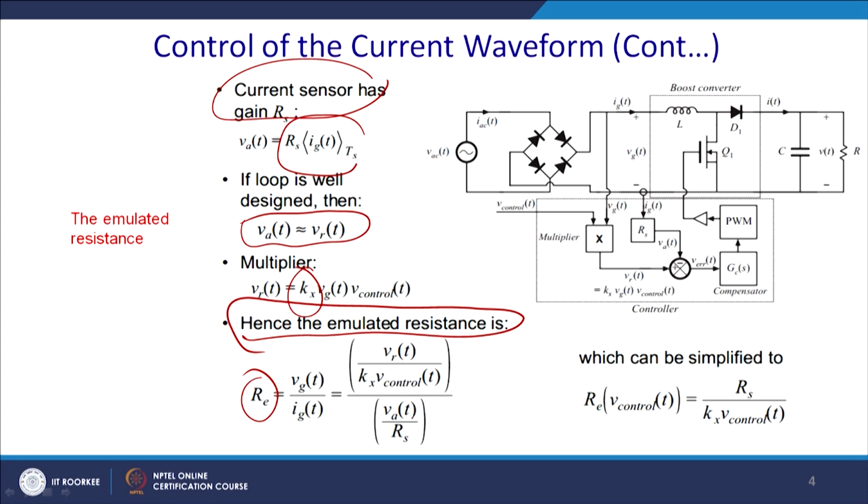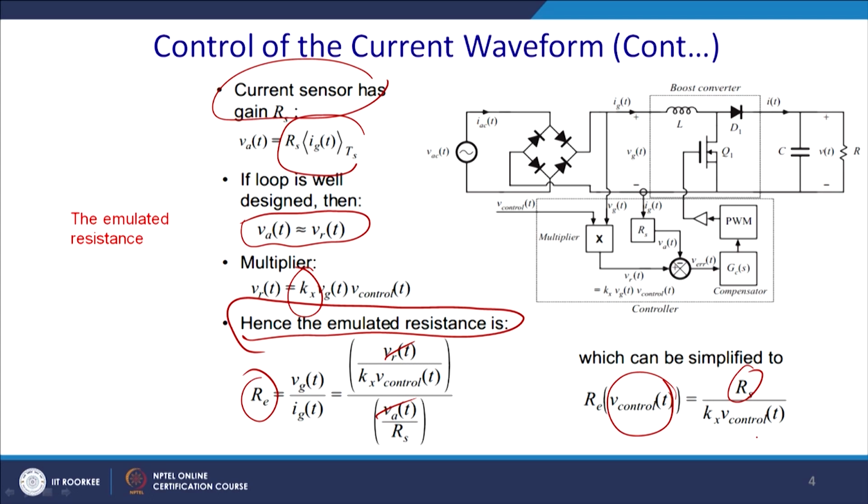Since VA equals VR, this term and this term will cancel, and ultimately you can write that RE is basically a function of the control voltage. That will be RS by Kx into V control. RS is mostly fixed, and so by controlling the control you can get a sinusoidal pattern into the input of this rectifier.